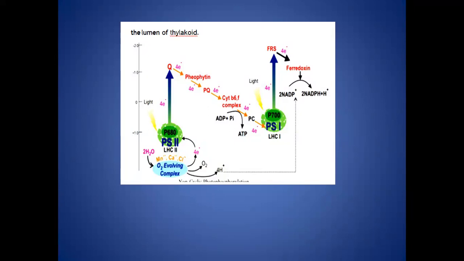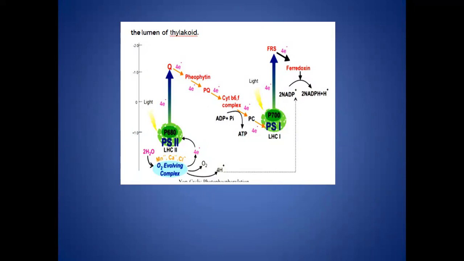Now this P700 will be excited and the electrons will be released. And these electrons reach ferredoxin, and from the ferredoxin these electrons are helpful for the coupling of NADP to NADPH2.